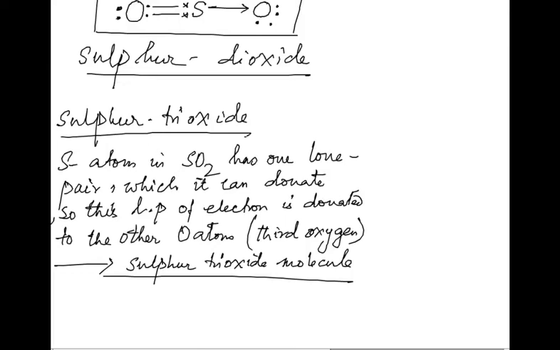We have already discussed in detail how the molecule of sulfur dioxide is formed. Now if you have a look at the structure of the sulfur trioxide molecule, it will be like this. There is an oxygen, there is a sulfur here, there is oxygen out here, and also a third oxygen containing 6 electrons in its outermost shell.